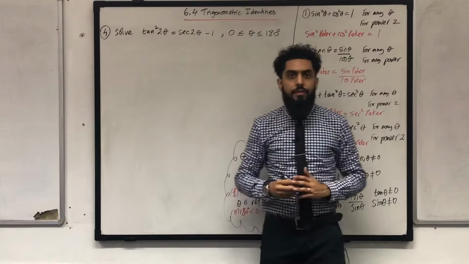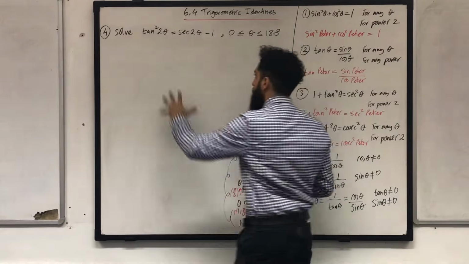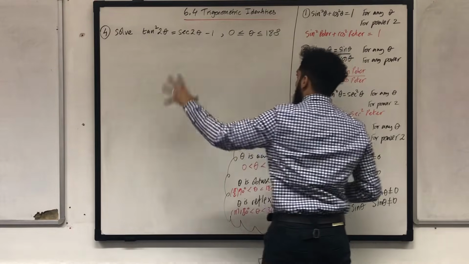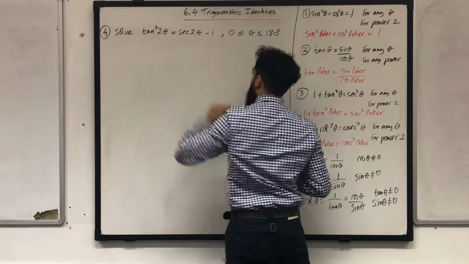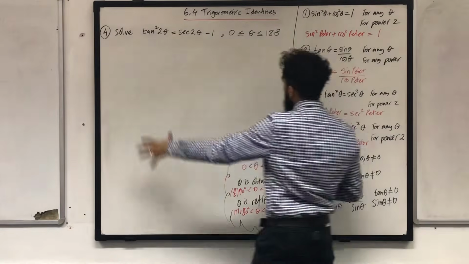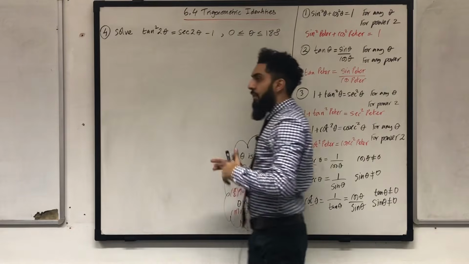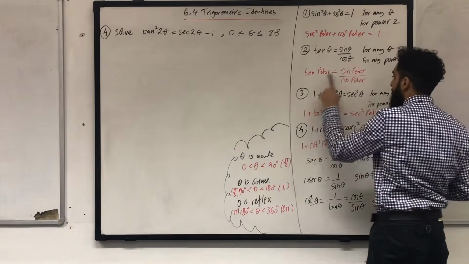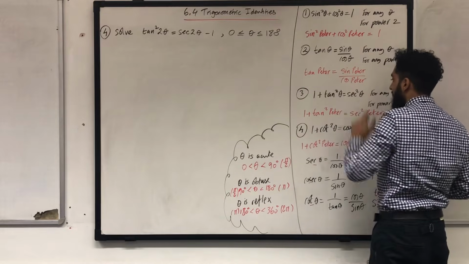Let's move on to question number 4. I would like to solve this trigonometric equation for this interval for theta. At the moment, I've got a tan and a sec in this equation. What I can do is notice that this tan squared 2 theta can be eliminated from the equation. Okay, what we can do is use this particular identity, 1 plus tan squared theta equals sec squared theta.